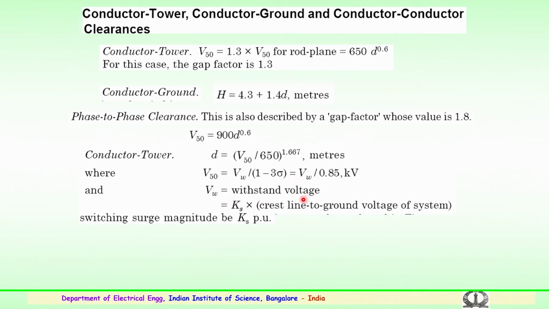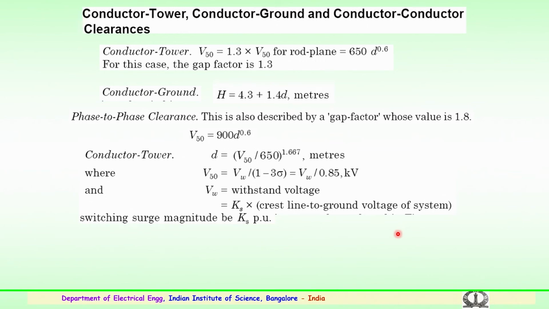So, the withstand voltage of that gap or clearance is Vw, which is further equal to Ks into Vcrest. Vcrest is the peak line to ground voltage of the system. So, finally, the switching surge magnitude, whatever the factor Ks per unit.